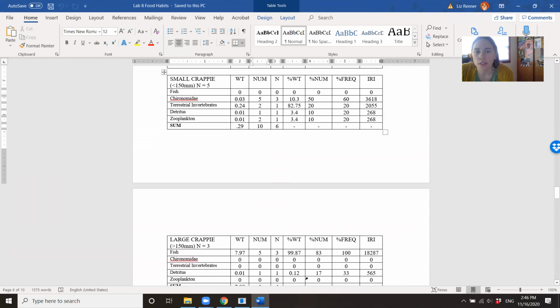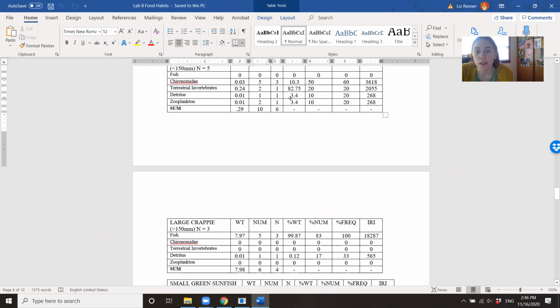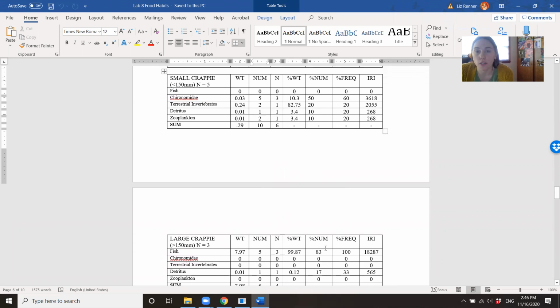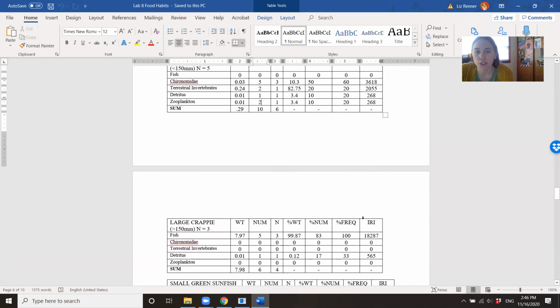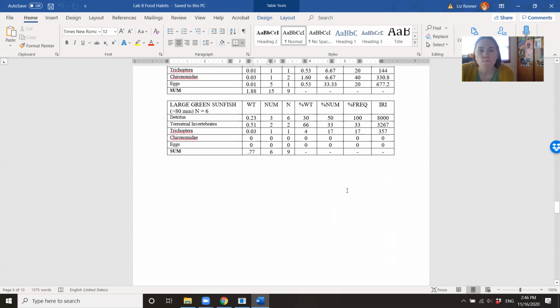And then looking at the small and large crappie, it's really easy with just within one method for the IRIs to compare between the small ones and the large ones. If you compare, there's a 0 IRI for the small crappie for fish, but then the large crappie, we have a really high IRI of 18,287. And so that tells us that fish is a very important diet item for the crappie.